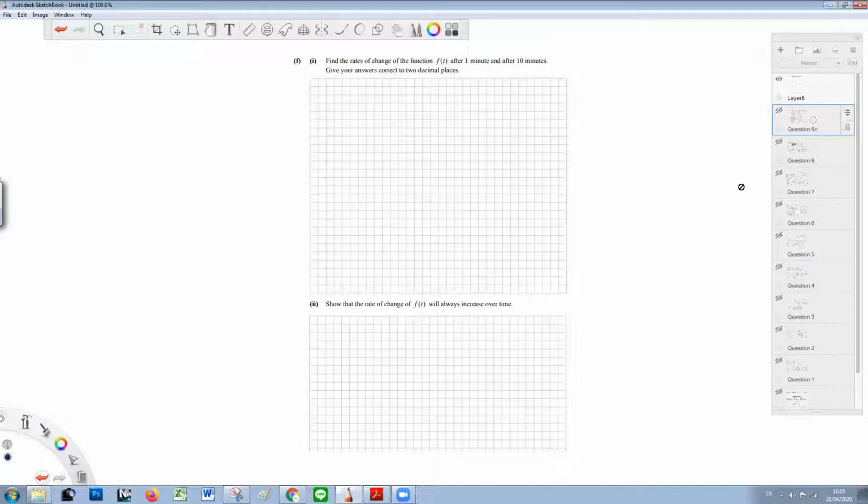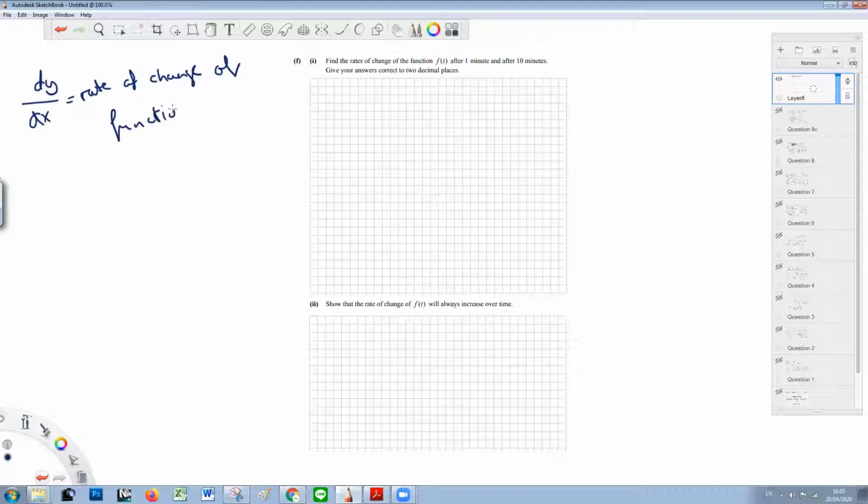I'm sure you do, but in case you don't, dy/dx is the rate of change of the function, but d squared y/dx squared is equal to the rate of change of the gradient. So that's an important thing to know.